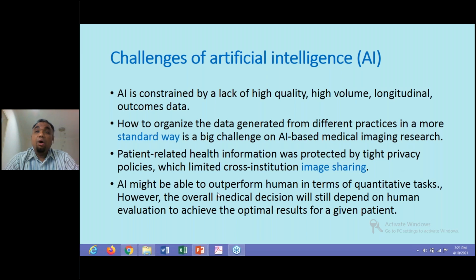At the end of the day, although AI can outperform humans, I would say AI is mainly to help us do accurate detection of a disease rather than replacing us, the humans, in the work, because we are dealing with a human patient. I believe humans are dynamic.